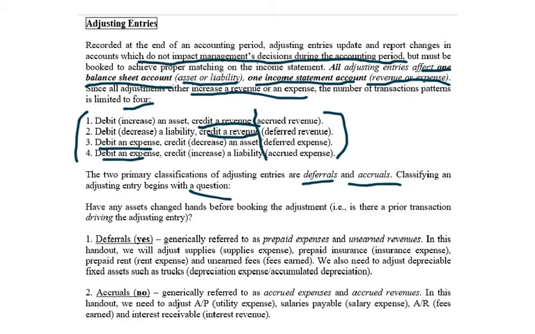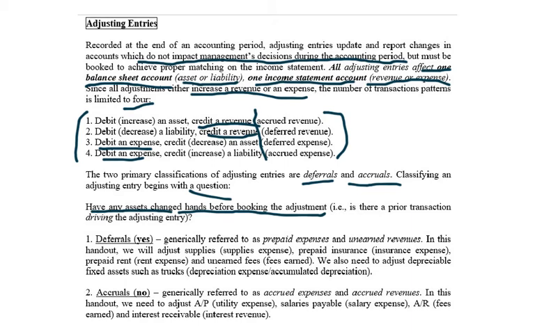This idea has evolved over time. The original question I remember from when I was tutoring this many years ago was: have any assets changed hands before booking the adjustment? I have since refined it because I realized it doesn't always entail an asset exchange, so that's not really the guideline here.